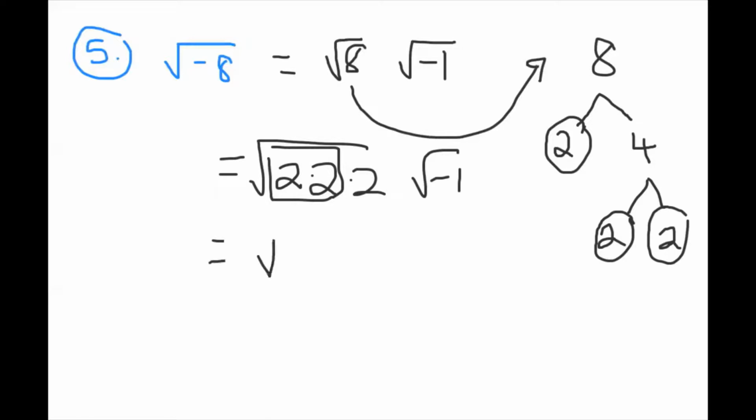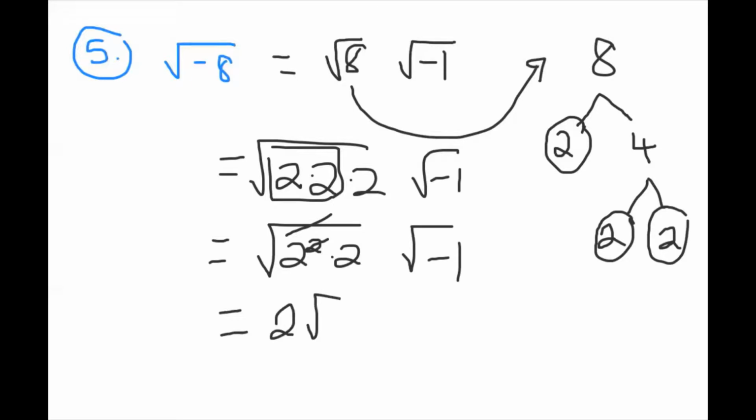So this is the square root of 2 squared times 2 times the square root of -1. The square and the square root cancel, so only this 2 comes out. The other 2 that I'm multiplying by stays inside the square root, and I still have the square root of -1.